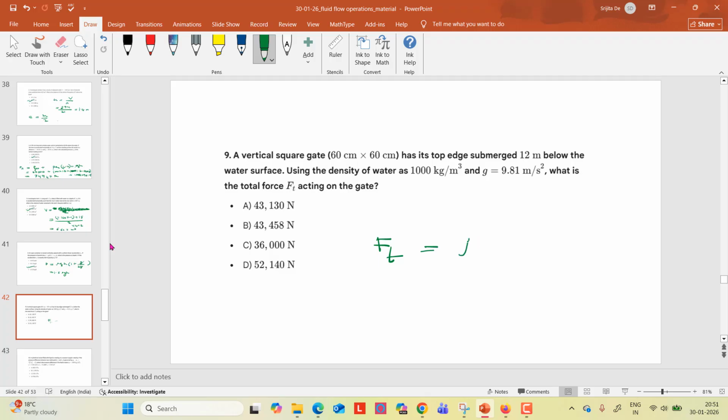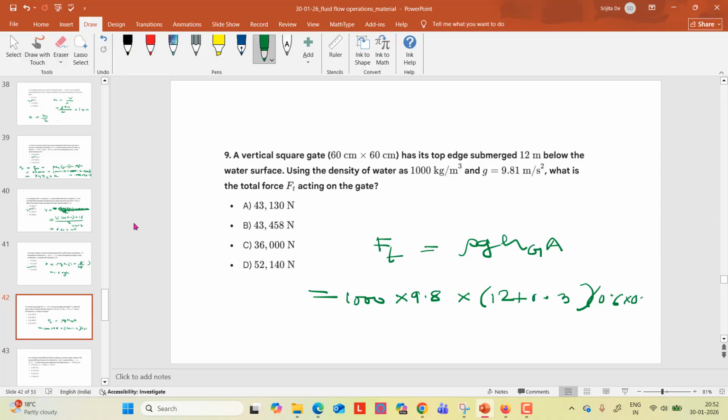Total F will be rho g h_c into A. So this is 1000 into 9.8 into h_c. It is already 12 meters submerged, and then this has a 30 centimeter distance, that is 0.3. So 12 plus 0.3 meter into A, which is 0.6 meter into 0.6 meter.